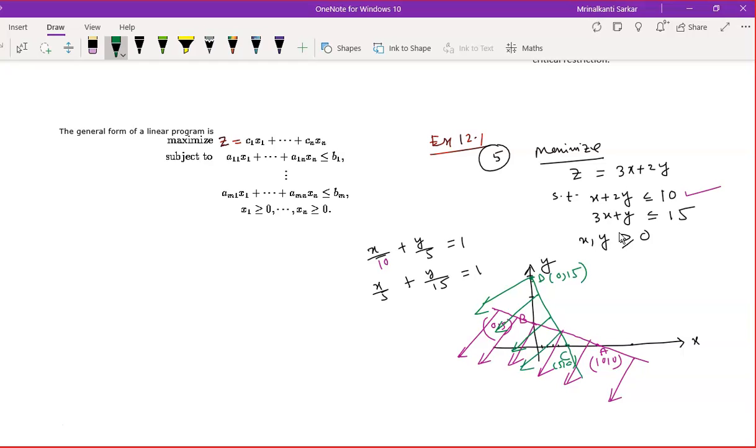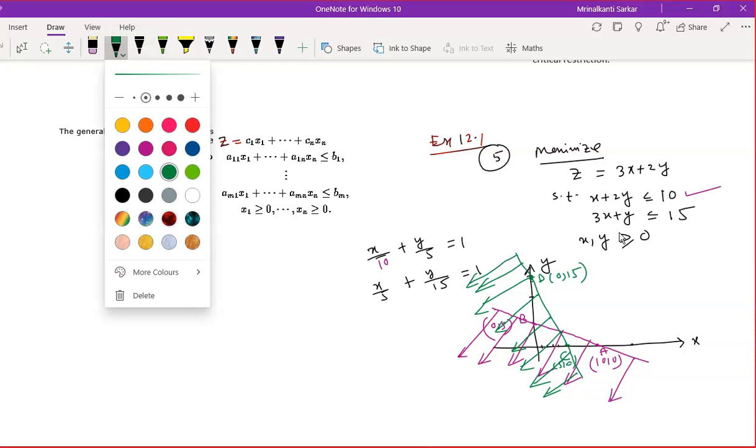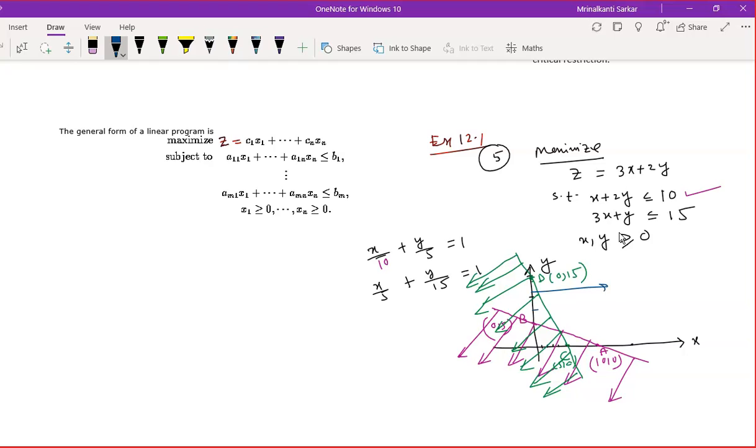And then we apply the non-negativity condition. What is that? You can see in the diagram the non-negativity condition x, y greater than or equal to 0: the solution must lie in the first quadrant. So the region will be in this manner, first quadrant only.